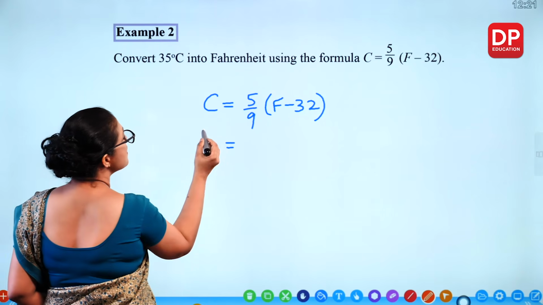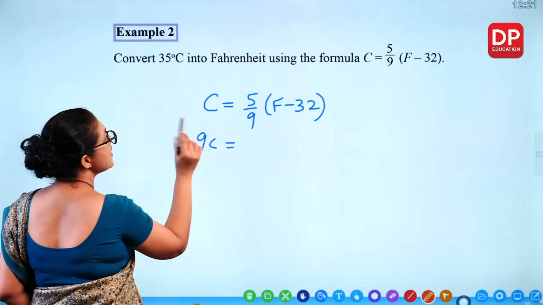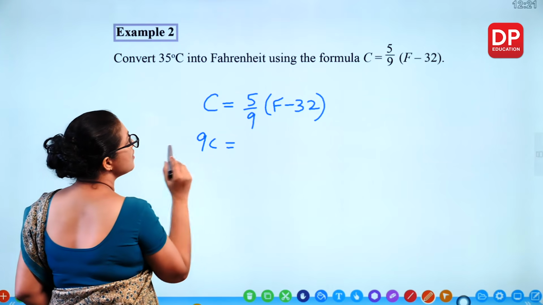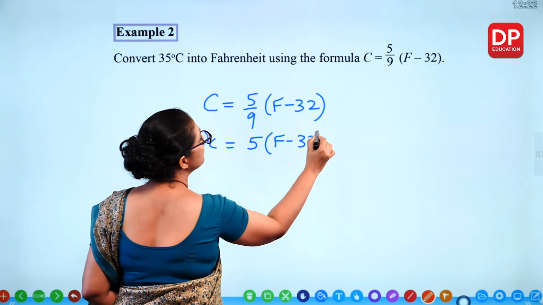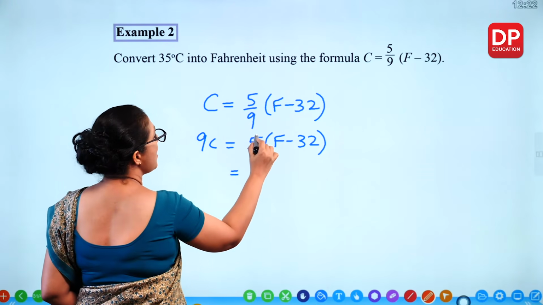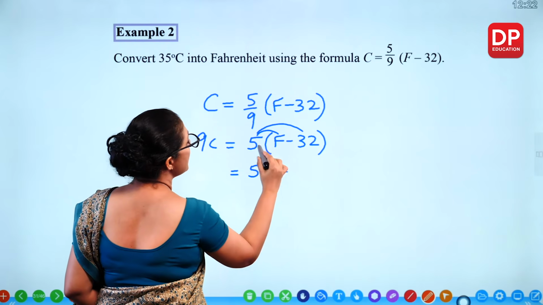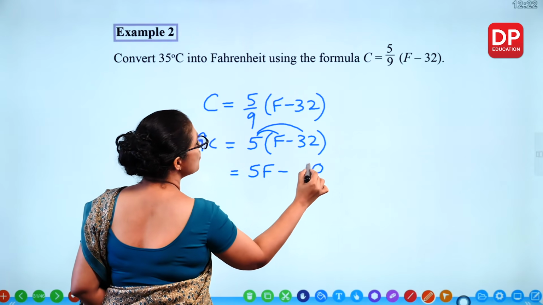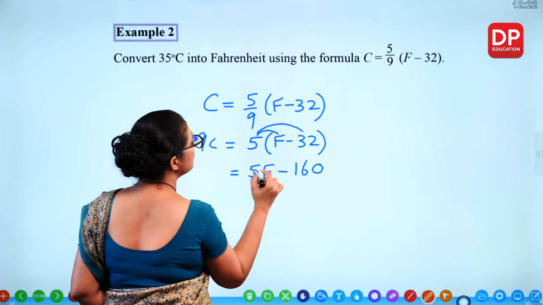So multiply this by 9. Both sides multiply by 9. You get 5 times F minus 32. Then I can expand brackets. 5F minus 5 times 32, 160.